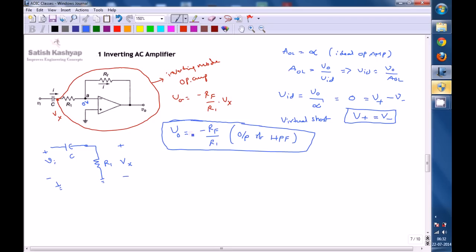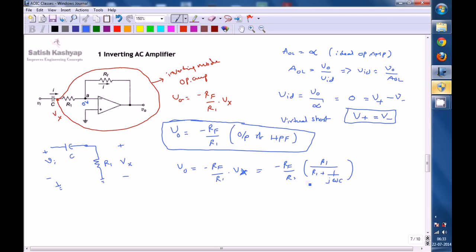So V0 is equal to minus Rf by R1 times Vx. We already know Vx from the voltage division rule on this diagram. So minus Rf by R1 into R1 divided by R1 plus 1 by j omega C. This is what you can write.